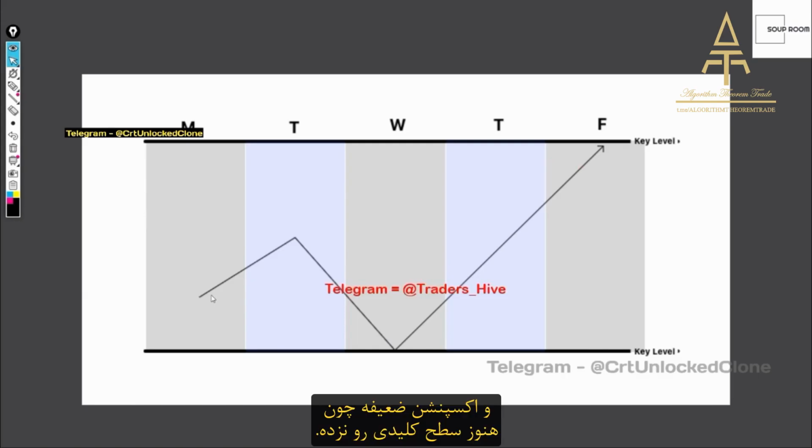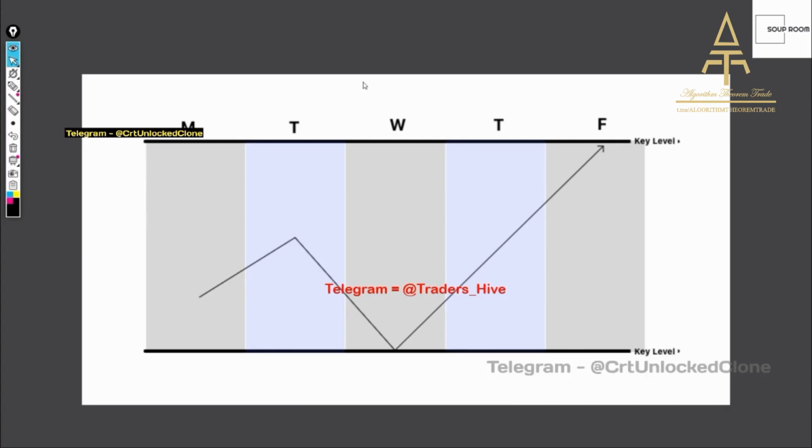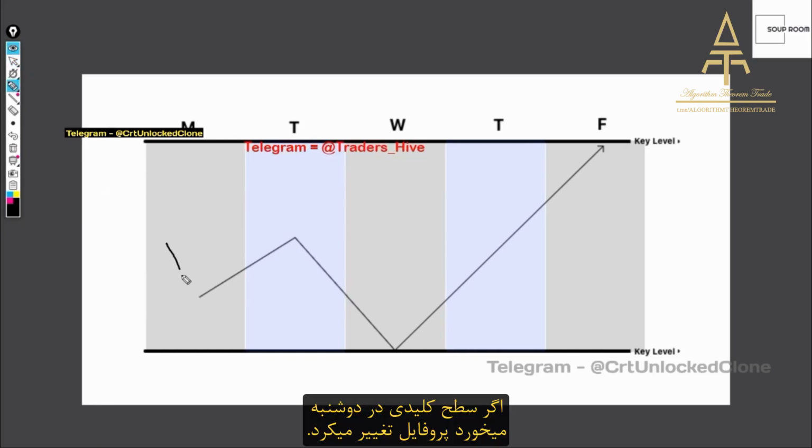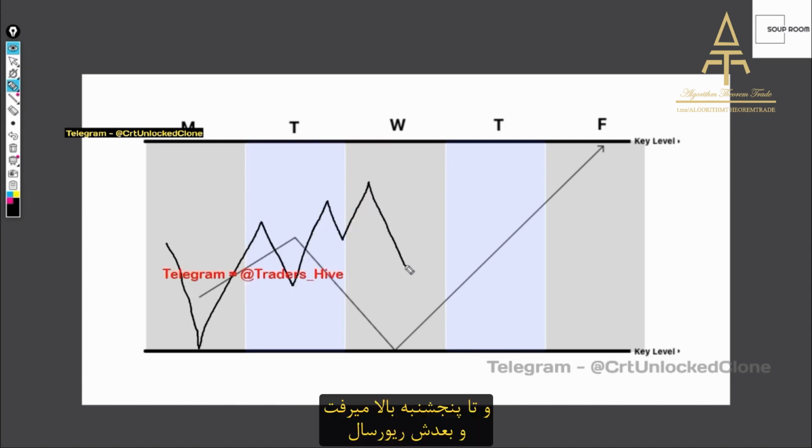The expansion, of course, is going to be weak because we failed to hit the key level below us. So, if Monday hit the key level, we would have seen a profile like we saw the other time. Retracement on Wednesday, expansion towards the DOL on Thursday, and a reversal.